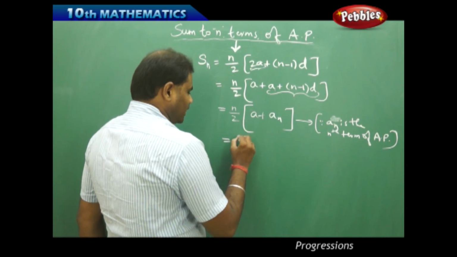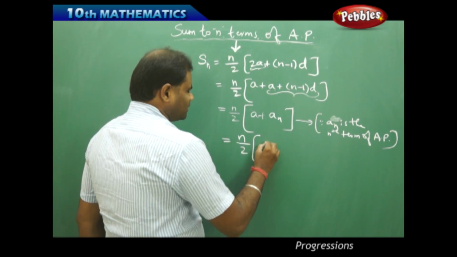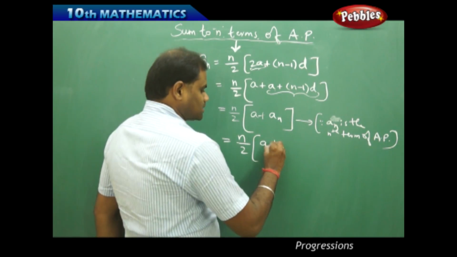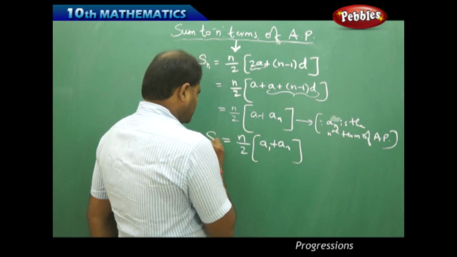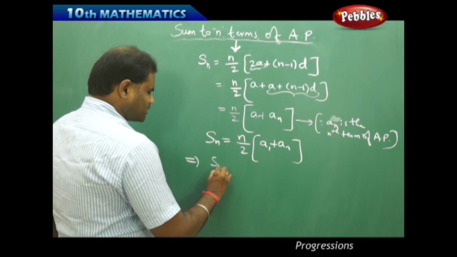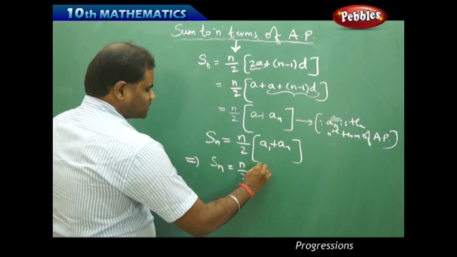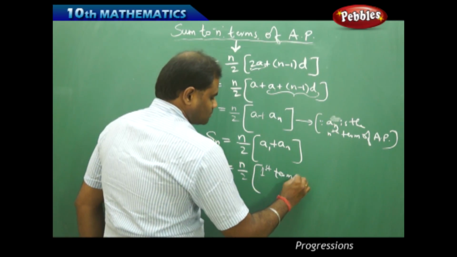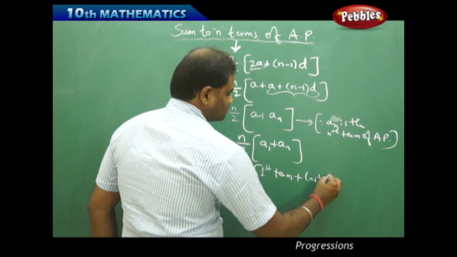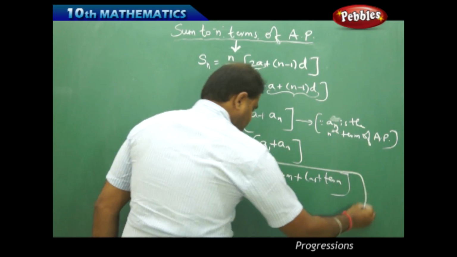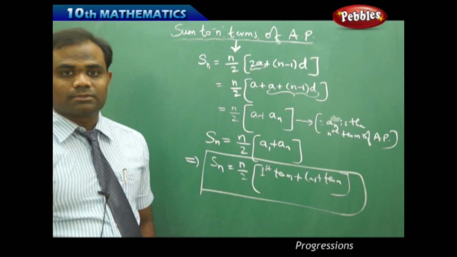Therefore, also I have a as a1, because the first term a is generally denoted with a1, plus an is what I get for Sn. More in general words, it is written as n by 2 times (first term plus last term), which is how I derive the formula for the sum to n terms.